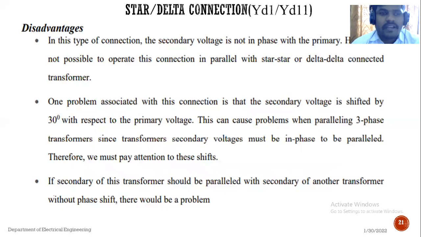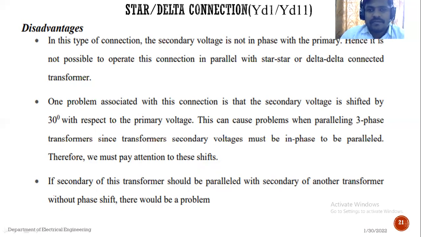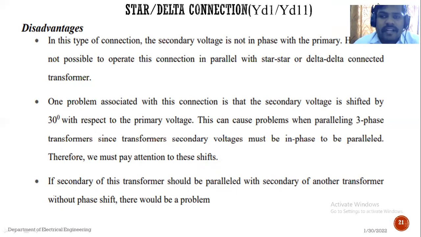Okay, now some of the disadvantages of these types of connection. First, in these types of connection, the secondary voltage is not in phase with the primary. Is the secondary voltage in phase with that of the primary or not? No, sir.